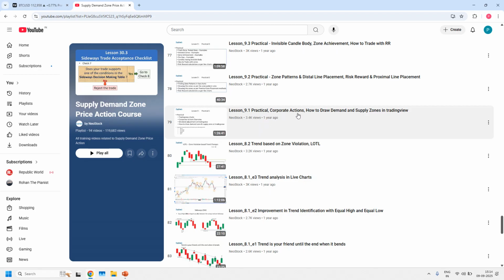I have also explained corporate actions. They are useful only for equity charts, and corporate actions are not required for Forex trading, crypto trading, or commodity trading, because there won't be any corporate actions like dividend, split, or bonus.